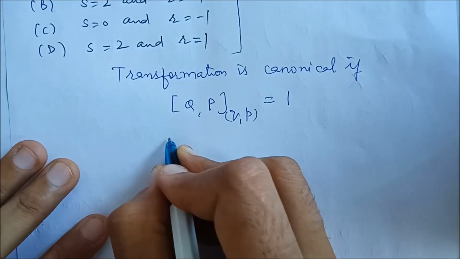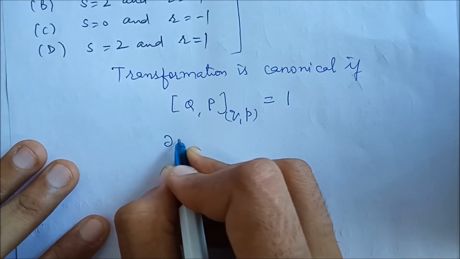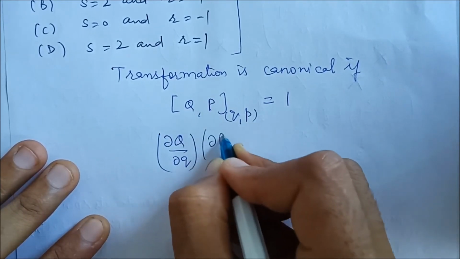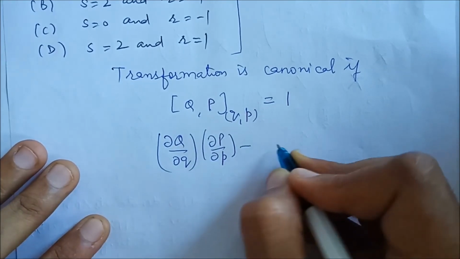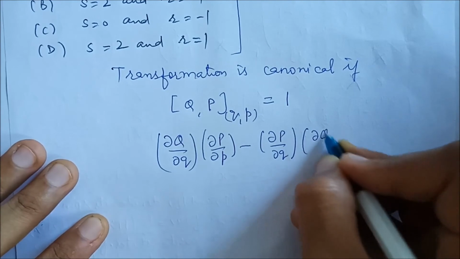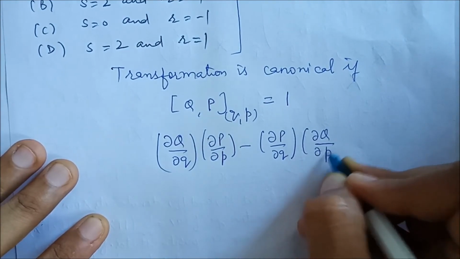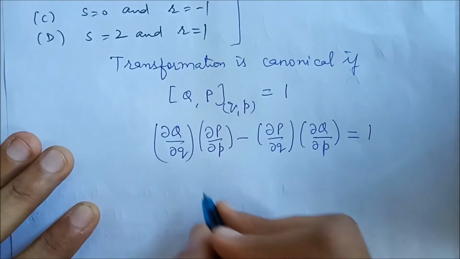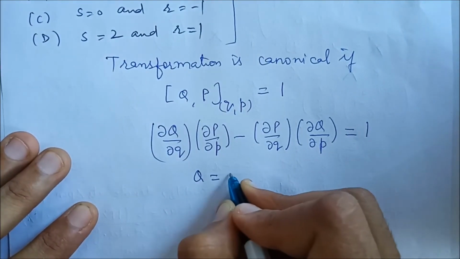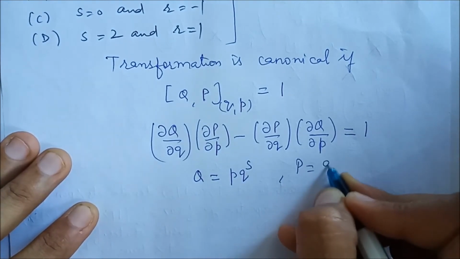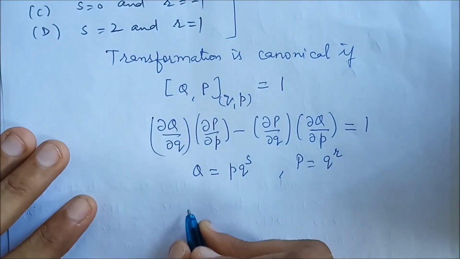And what does this mean? The partial of Q over partial q times partial of P over partial p, minus partial of P over partial q times partial of Q over partial p, is equal to 1. Now we are given Q equal to p q to the power s and P equal to q to the power r.